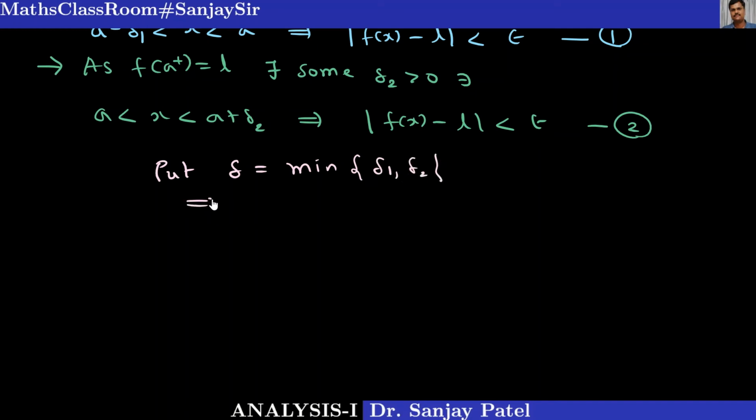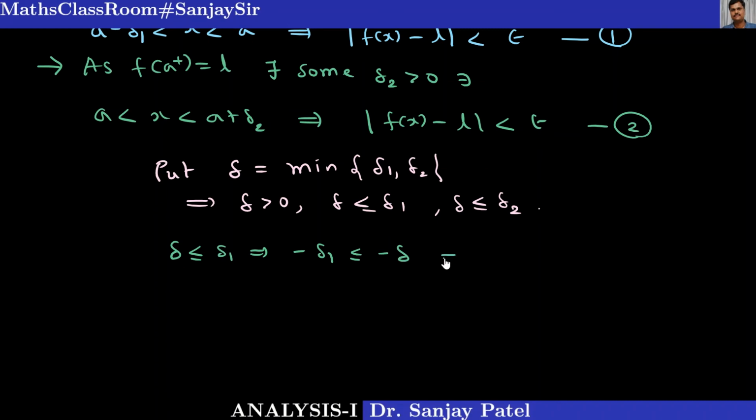Okay. So this implies delta is positive and delta is less than or equal to delta 1 and delta is less than or equal to delta 2. Okay. So if I consider delta less than or equal to delta 1, then for this particular delta 1 I can explain this way: delta is less than or equal to delta 1 implies minus delta 1 is less than or equal to minus delta. If you multiply by negative 1, you will get this.